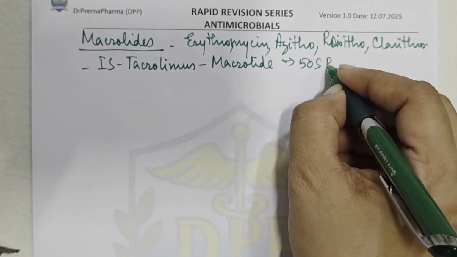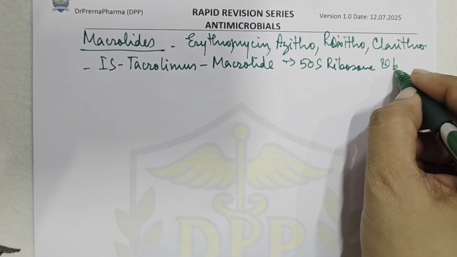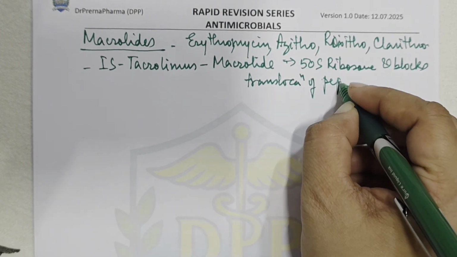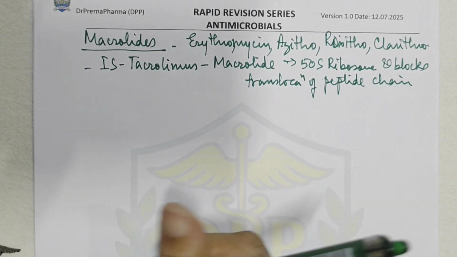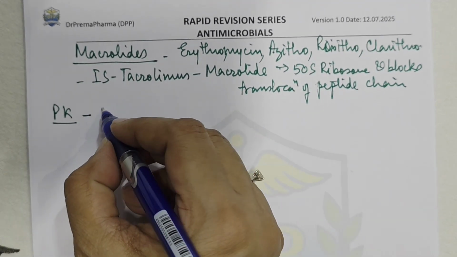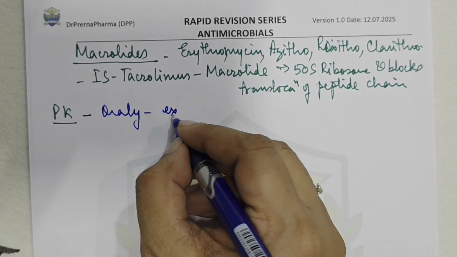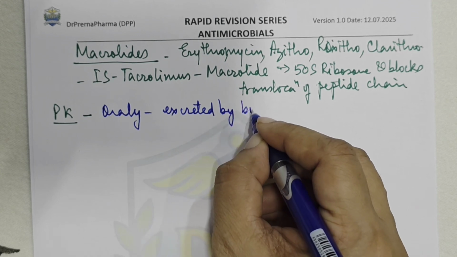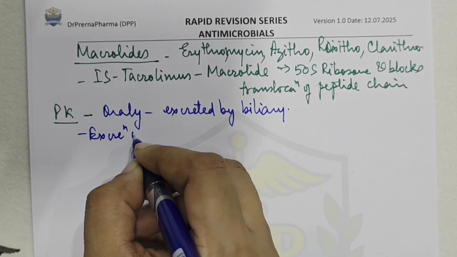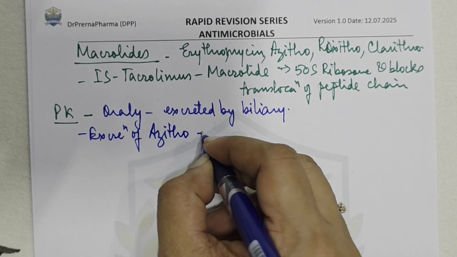This binds to the 50S ribosome and blocks the translocation of the peptide chain, right? Coming to pharmacokinetics, it is taken orally and excreted by the biliary route, right? Excretion of azithromycin is slow.